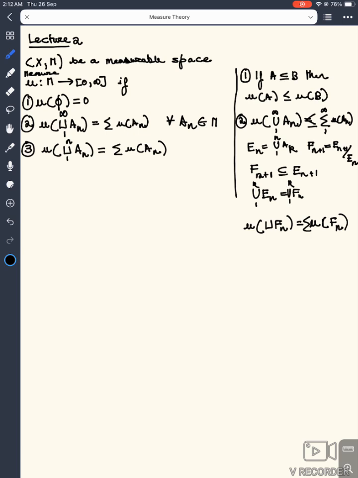Right. So this is countably subadditive.